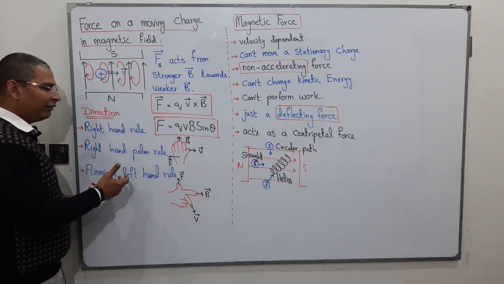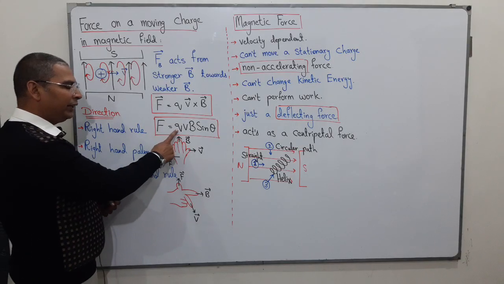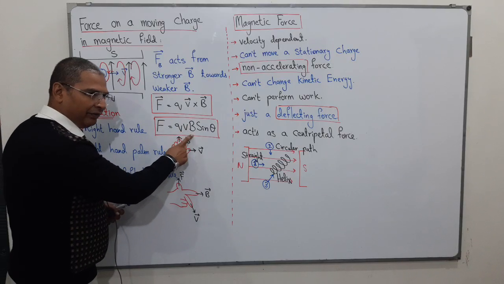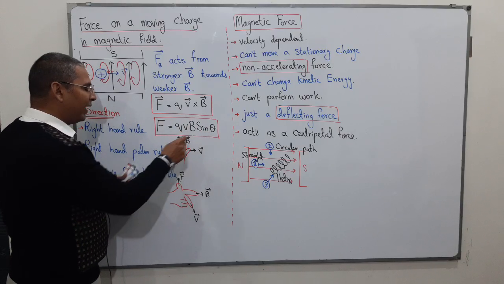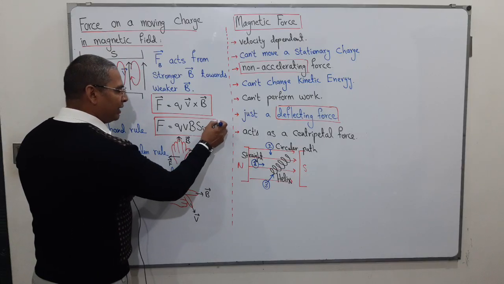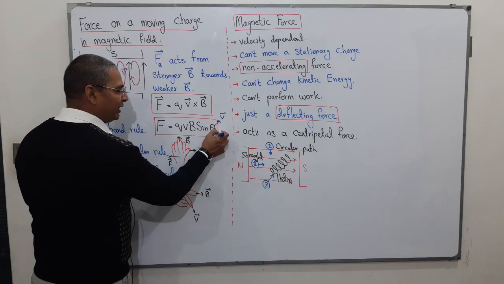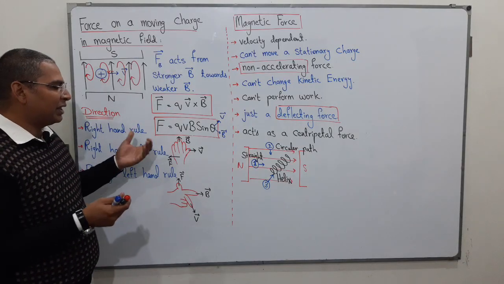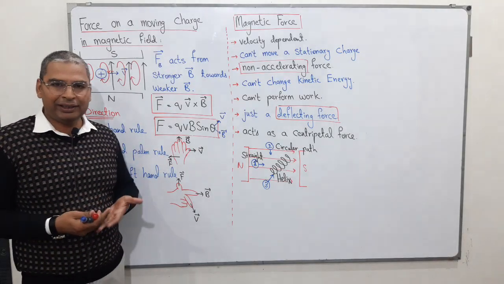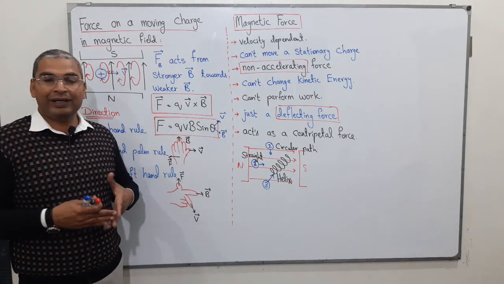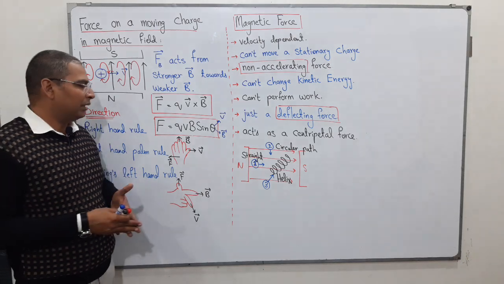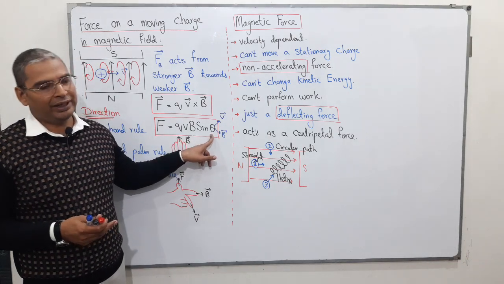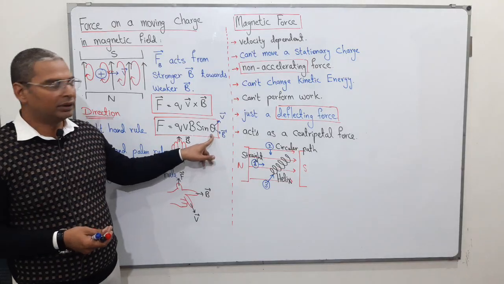The magnitude of the force depends upon the magnitude of charge, velocity of charge, magnetic field strength, and the sine of the angle. This angle is between velocity and magnetic field lines. Hence, if a charge moves parallel or anti-parallel, it will face no force. But if it moves perpendicular to the magnetic field, it will experience a maximum force, and so on.